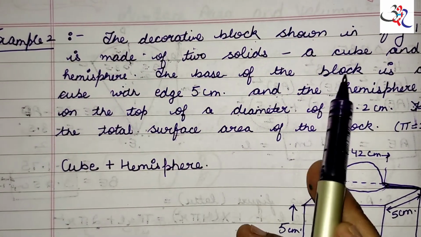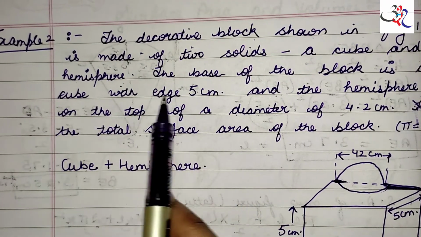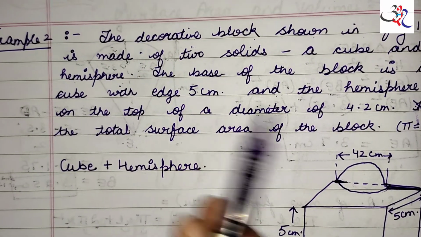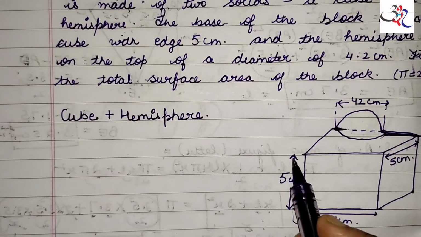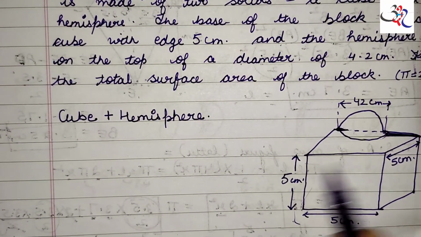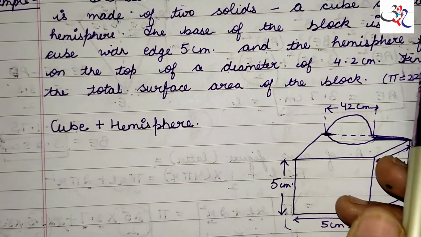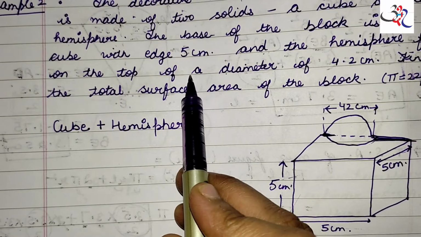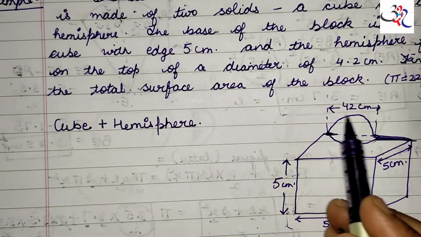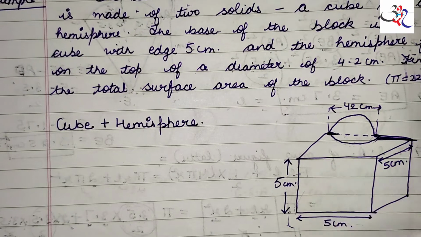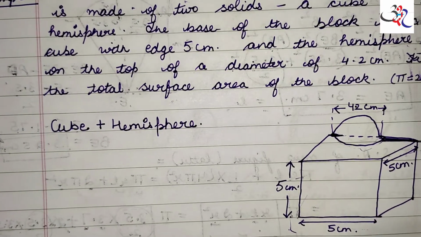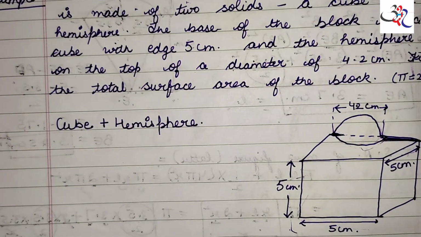The base of the block is a cube with edge 5 centimeter. Base edge of the cube is given to us, which is 5 centimeter, and the hemisphere fixed on the top has diameter 4.2 centimeter. The diameter of this is given to us, 4.2 centimeter.